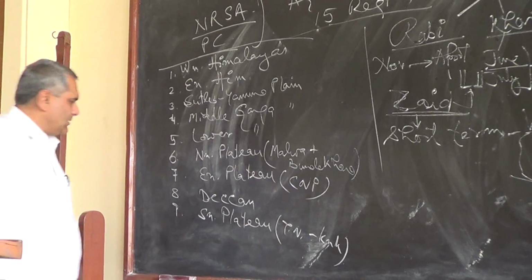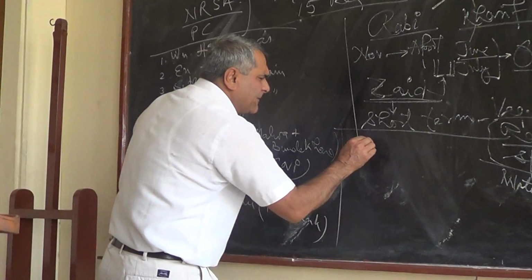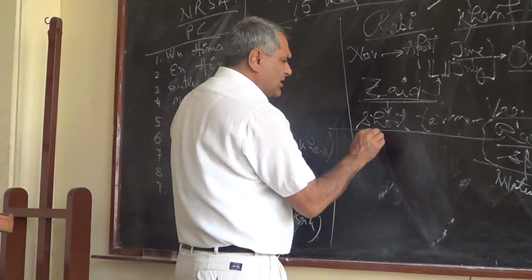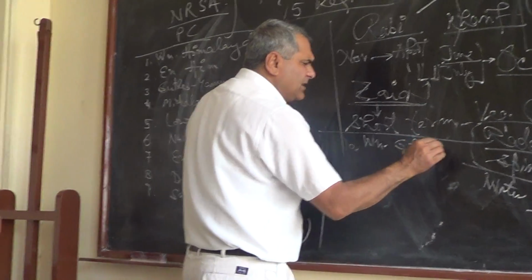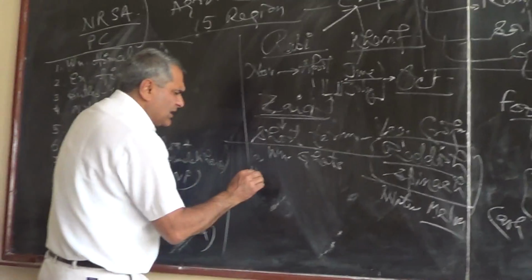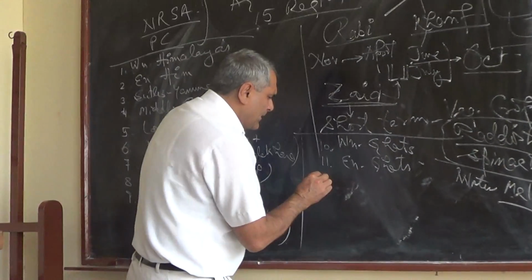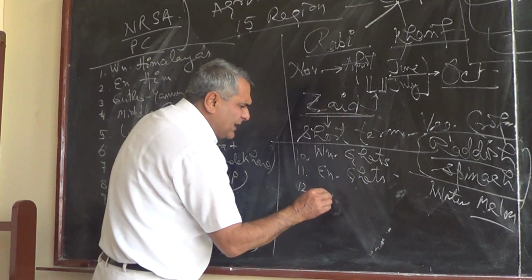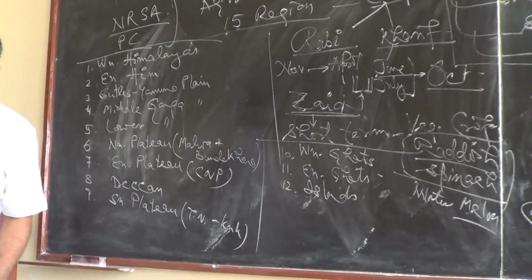Number 9. And number 10 is Western Ghats, which has a different cropping season region. Then Eastern Ghats. Then the islands, Andaman Nicobar and Lakshadweep.